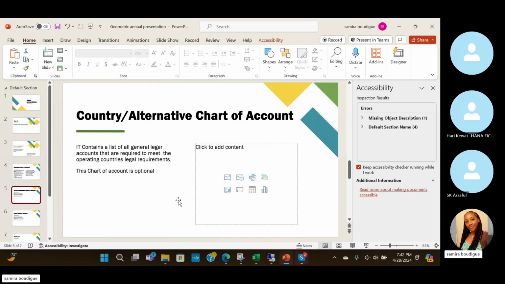The alternative chart of accounts is optional. It's just required when it does not meet the requirement of the operating country.